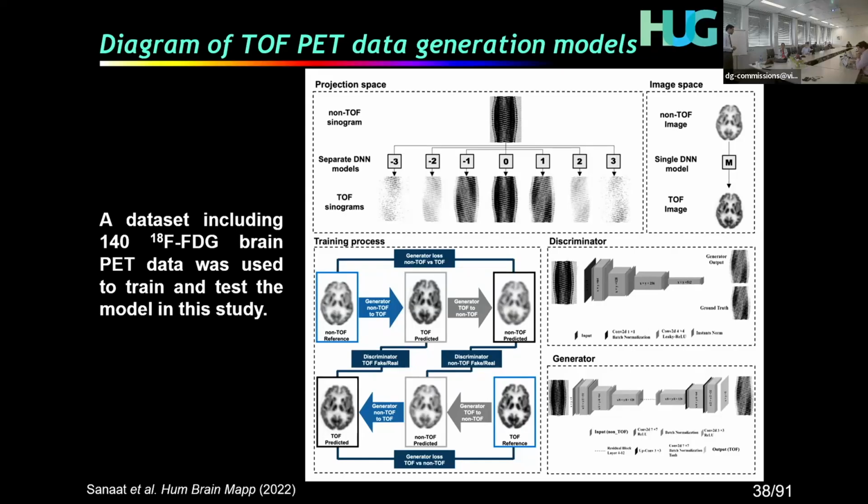Are there any efforts in your community you're aware of in combining data sets or finding a reference data set on which you can compare different solutions? So, going back to testing your non-TOF to TOF solution against the GE non-TOF to TOF solution to see which one works better: basically, there is no platform to do that, but there are some challenges.